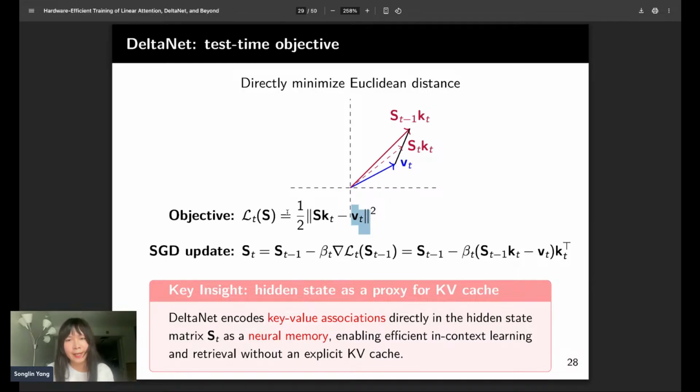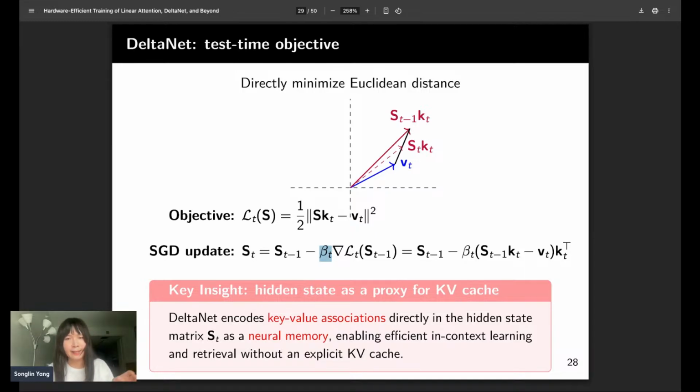And if we take a single step of gradient descent on this objective function, we will recover the DeltaNet update rule. So this beta t here is the learning rate from the perspective of online gradient descent.